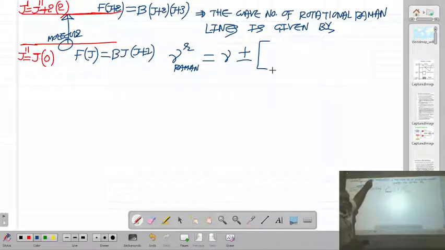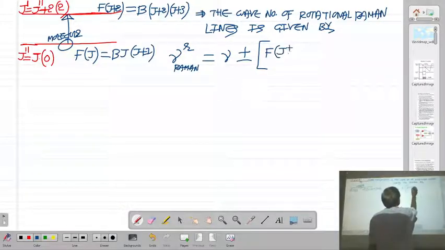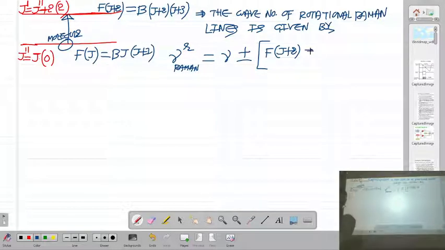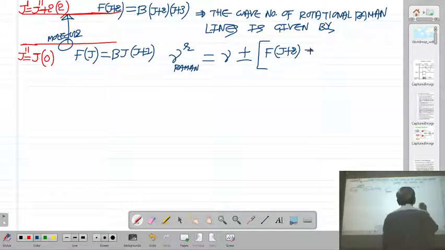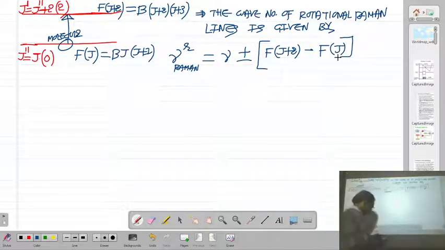What is the rotational term value of the upper state j plus 2? It is Fj plus 2, minus the rotational wave number of the lowest level, which is Fj.